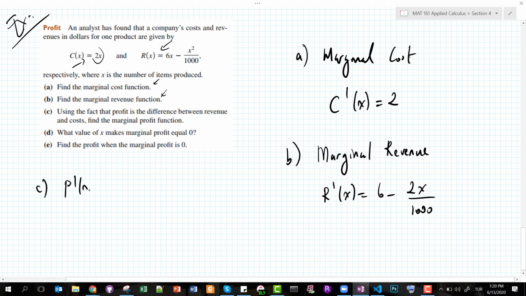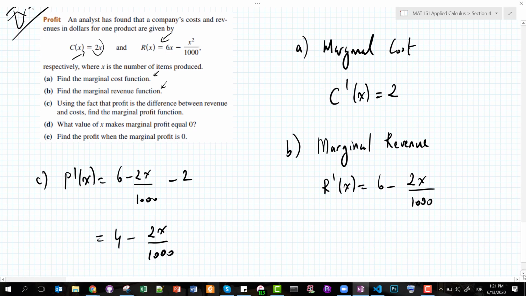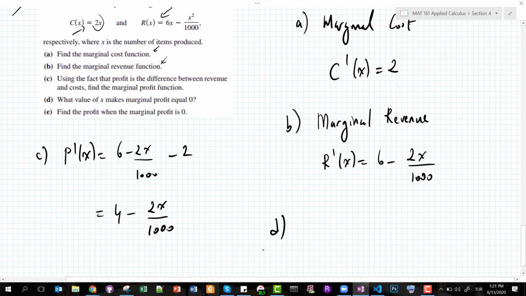So marginal profit then is going to be equal to 6 minus 2x over 1000, minus 2. I can just take the difference, which is going to be equal to 4 minus 2x over 1000. In part D, it asks you what value of x makes marginal profit equal 0.